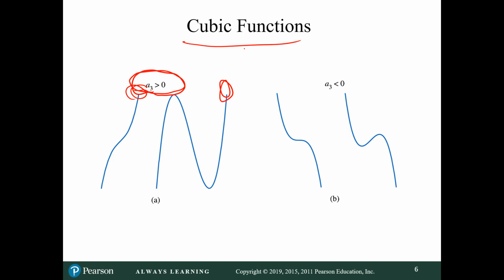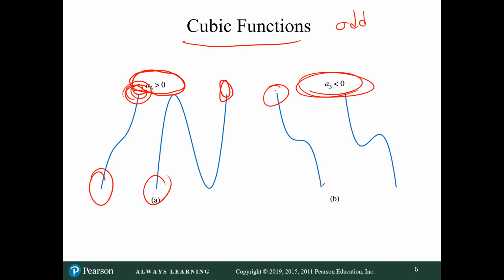And since it's a cubic, an odd powered function, its start will be in the opposite place from its end. So if it ends up, it starts down. Starts down, ends up. Now, if the leading coefficient is negative, it'll start up and go down. It'll end going down.